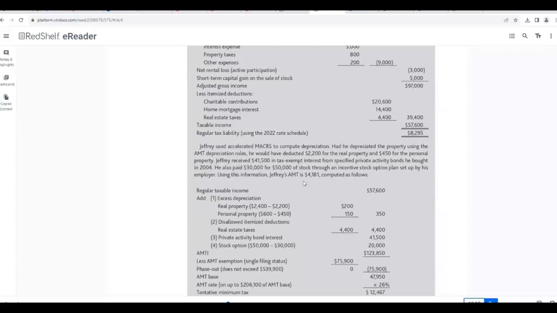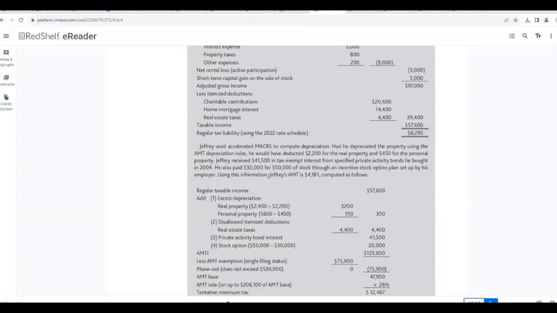In the picture, it says add, number one, excess depreciation, not add depreciation. Yes, excess depreciation means that because he is using accelerated depreciation, the excess over straight line is added. Thank you. I see.